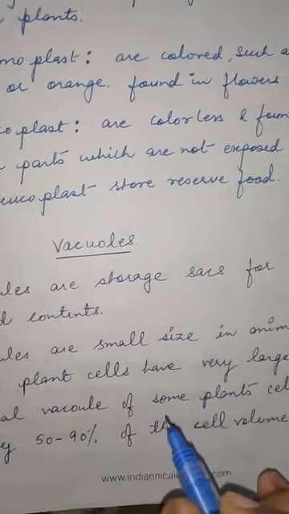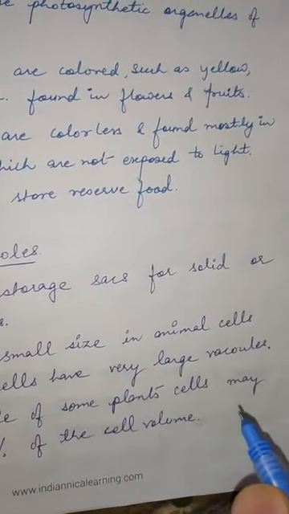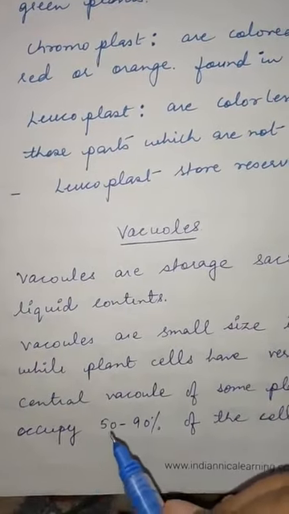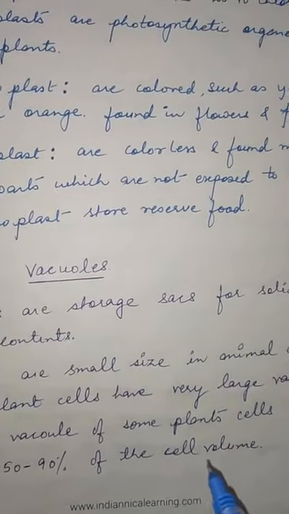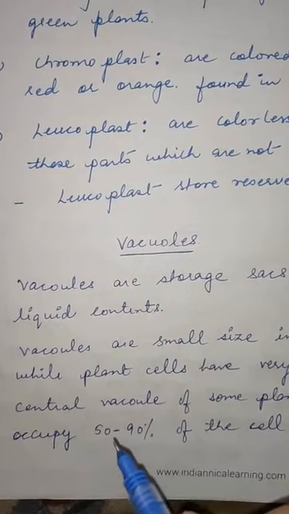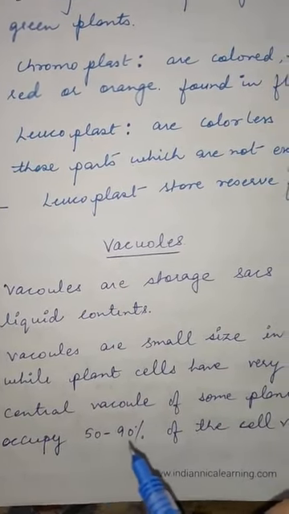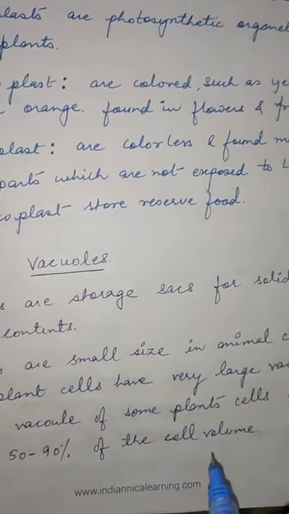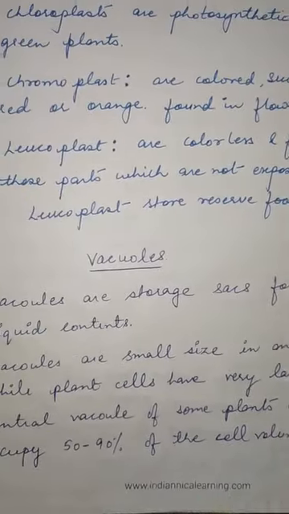The central vacuole of some plant cells may occupy 50 to 90% of the cell volume. So how much space will they occupy? Up to 90% of the space will be occupied by this vacuole. Clear?